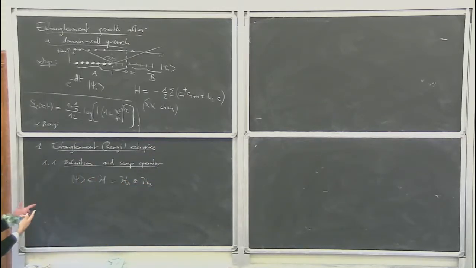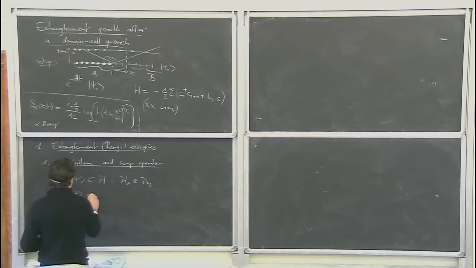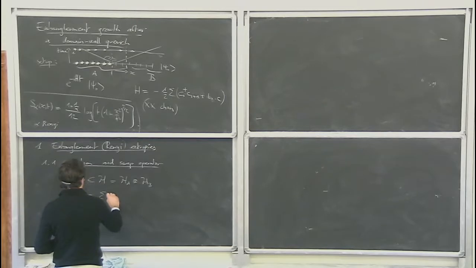So imagine 2 spins or something like that, or a large spin chain that you cut into 2 parts. And so if you want to write this state as a sum of states that live in part A and part B, in general you have to write something like this.